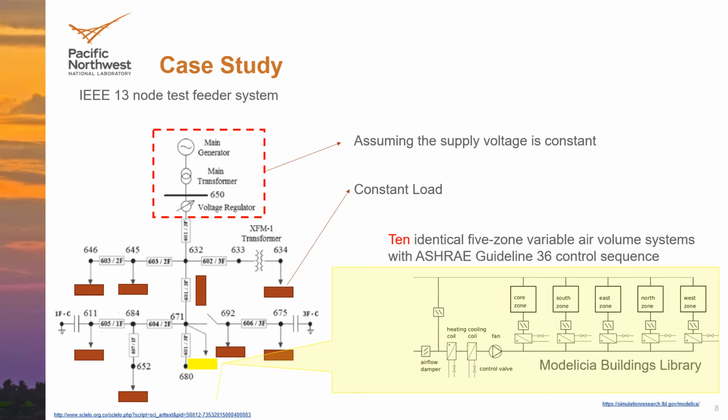Each system is controlled by the ASHRAE Guideline 36 control sequence, and you can find a more detailed description of this system in the documentation of the Modelica Buildings Library.